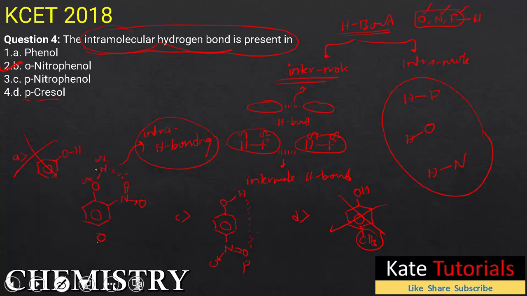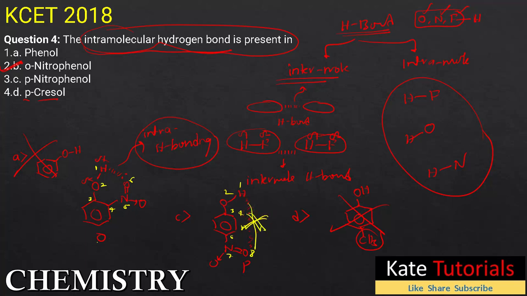Here this hydrogen is 1, oxygen 2, this carbon 3, this carbon is 4, this carbon 5, nitrogen is 5, and this oxygen is 6. So here it forms a 6-membered ring. It is distance dependent, 6-membered ring. But here if you see 1, 2, 3, 4, 5, 6, 7, 8, this much, no hydrogen bonding happens, right?